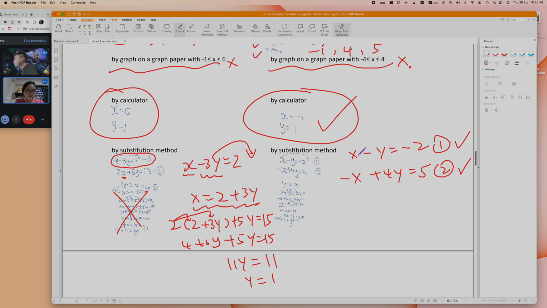So for this one, do you think it's easier to move the x or easier to move the minus y? Minus y. Why? Because then when you move it over it is positive. Correct.